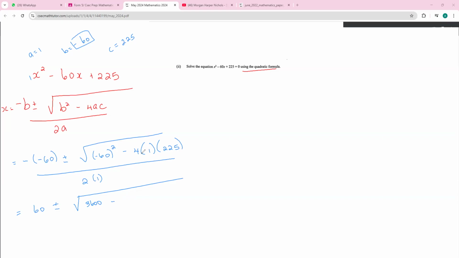Minus, remember, BODMAS says multiply before we add or subtract. So 4 times 1 is 4, and then 4 times 225, I got 900, all over 2.